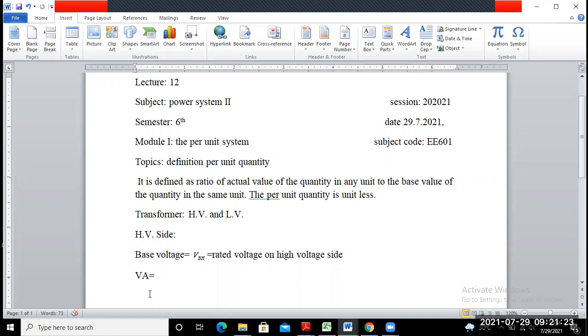So the base volt ampere is the transformer rated volt ampere, is it not?